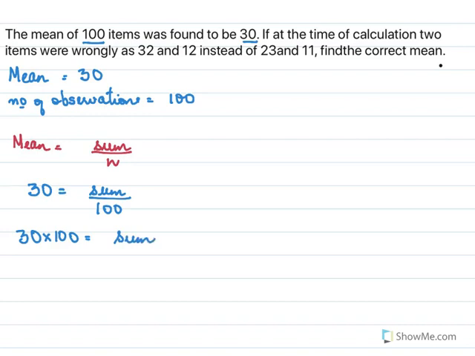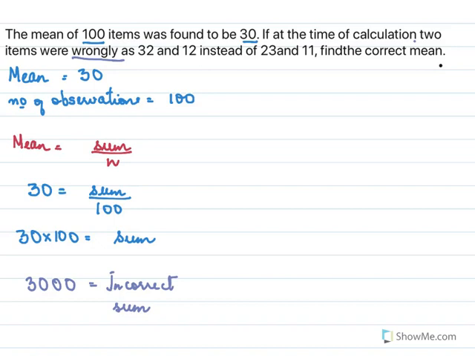But if you read further, you see the sum was not right. At the time of calculation, the items were wrongly written. So this 3000 that we have is not the correct sum, it is the incorrect sum. So now we have to correct the sum.